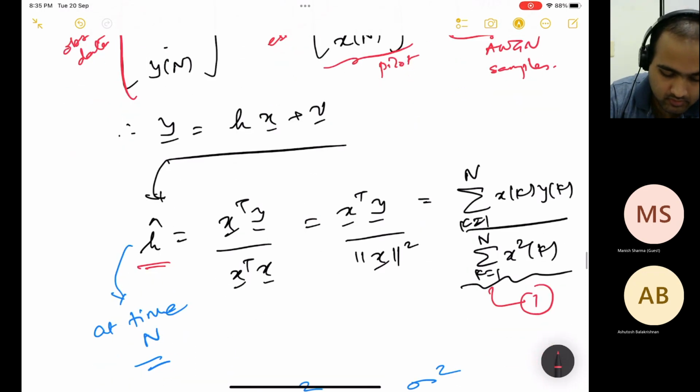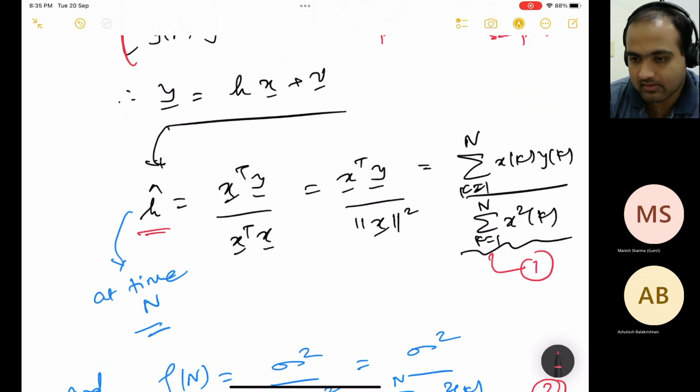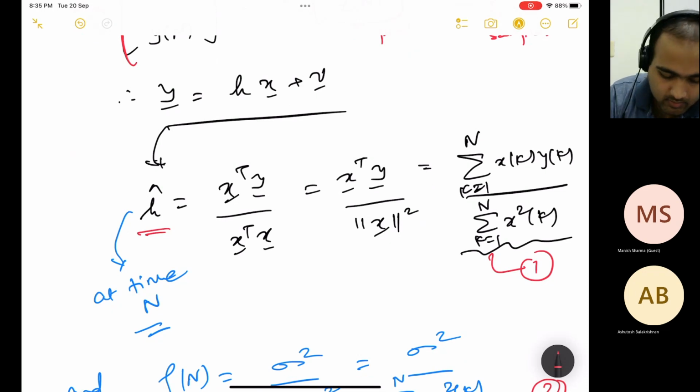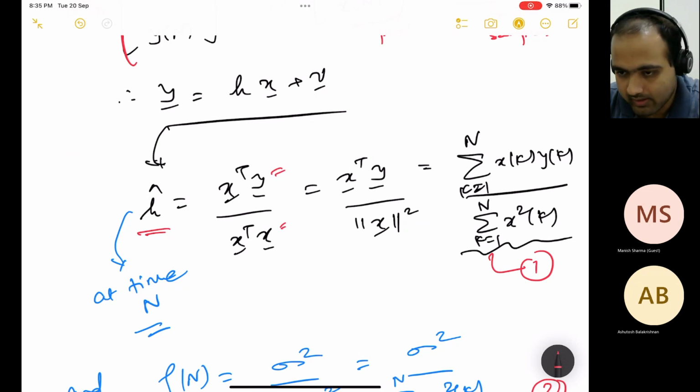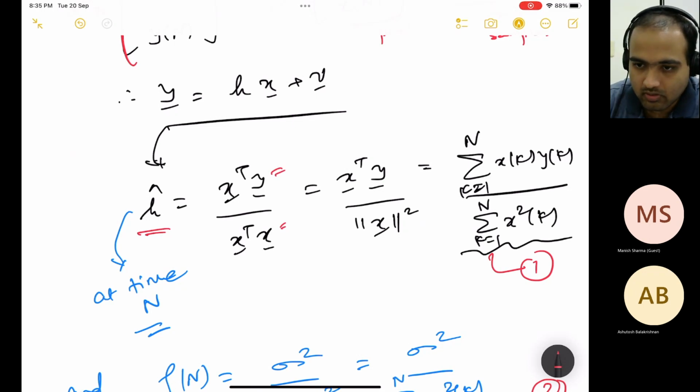We saw in the previous classes that this estimate h hat comes out to be x transpose y divided by x transpose x. Now what is x transpose y? We discussed this.